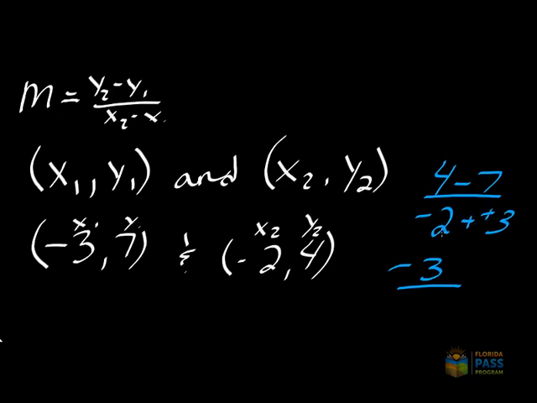So this is really -2 plus 3, which is 1. -3 over 1, or -3 divided by 1, is -3. So m equals -3, which is the same thing as your slope is -3.